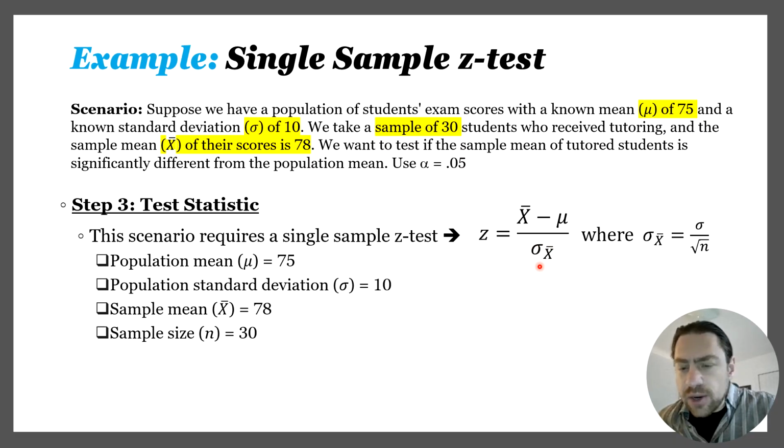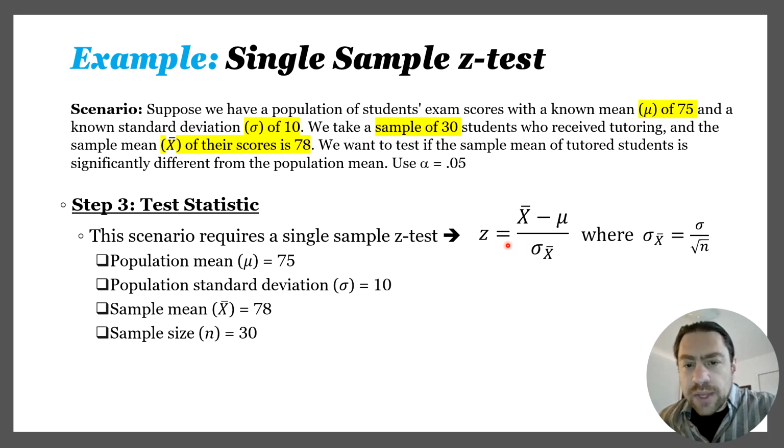The standard error of the mean is something we talked about briefly in the last lecture. This is the standard deviation of the sampling distribution. The formula for the standard error of the mean is sigma over the square root of n.